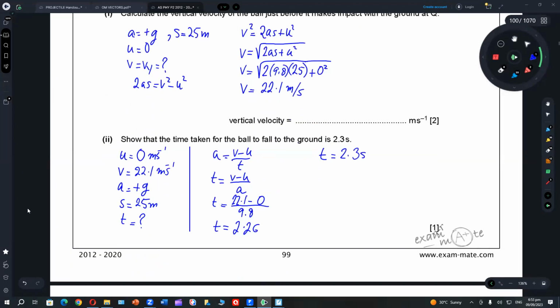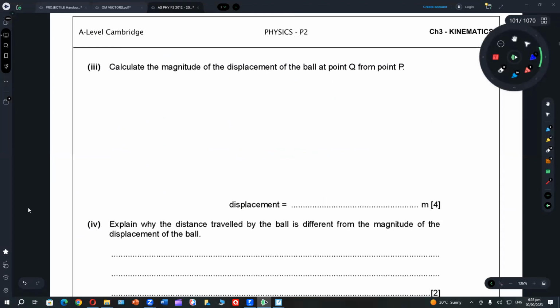Horizontal velocity is 15, so the formula is displacement x equals Vx into t. Horizontal displacement is equal to the horizontal component into 22.6.